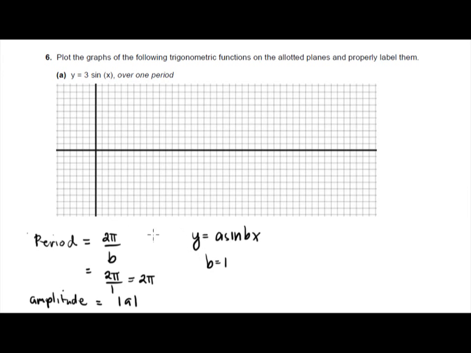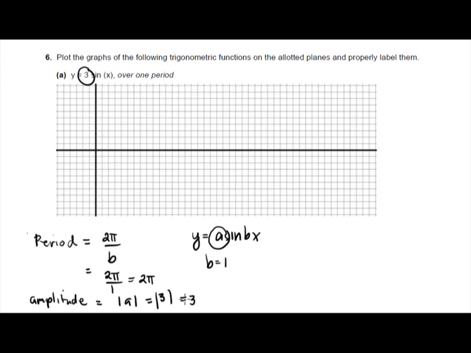Because it's a measure, it's a length, and sometimes A is a negative number, so you have to get a positive number. So from the general expression A sine bx, our A for 3 sine x is 3. So absolute value of 3 is 3.